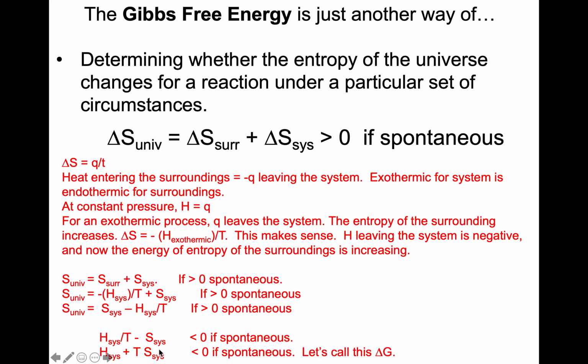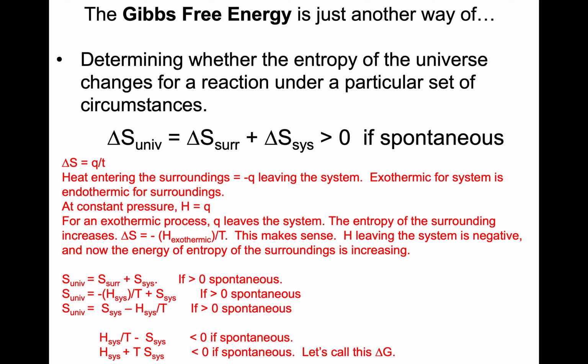And we're also going to end up changing the sign on that. Instead of having this value be positive, meaning the entropy of the universe is going up, by switching these terms and, in a sense, multiplying the whole thing by -1, now when this value is negative, that means the entropy of the universe is going up. We're going to call that the change in the Gibbs free energy.